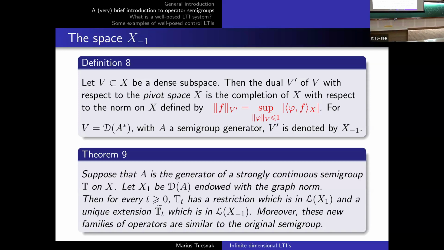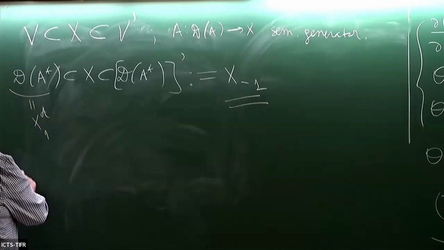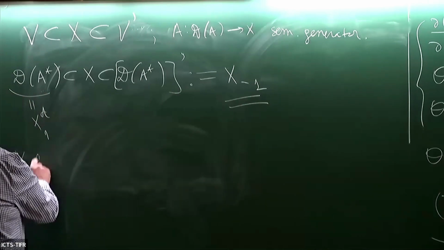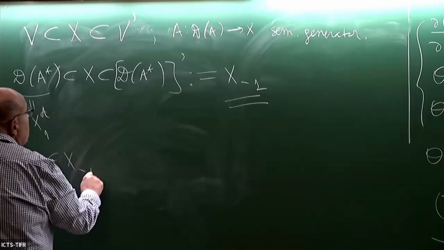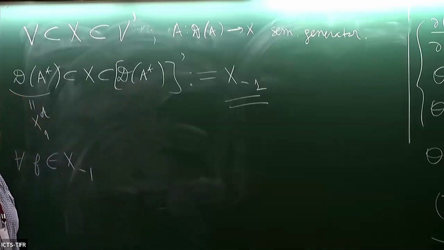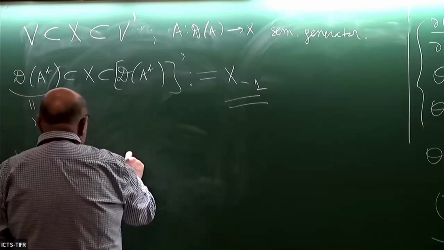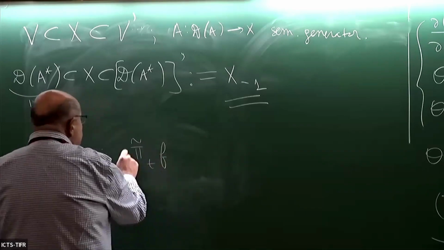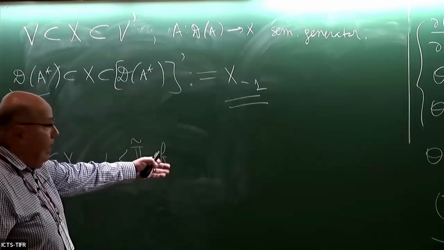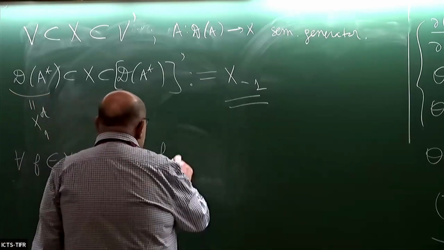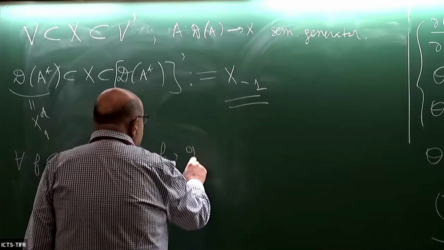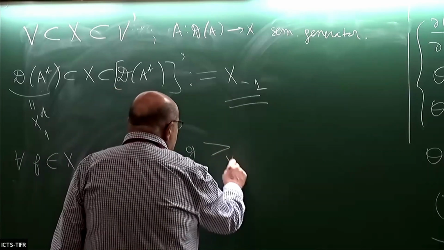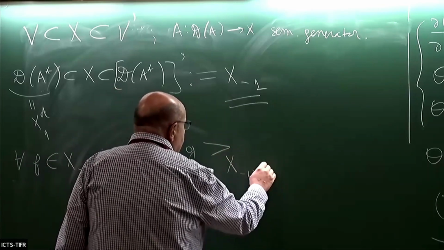It looks complicated, but in fact, I can make this extension very simple. I will take F in X minus 1, which is D of A star prime. And how do I define the extension T(t) tilde F, which will also be an element of X minus 1? T tilde F applied to G, and this will be a duality X minus 1, X1d.